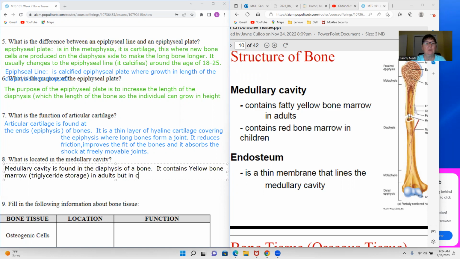But in children, it still contains spongy bone. So this is the site in kids of hemo or hematopoiesis.